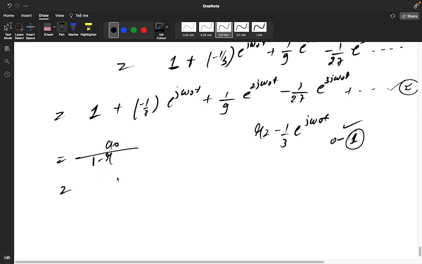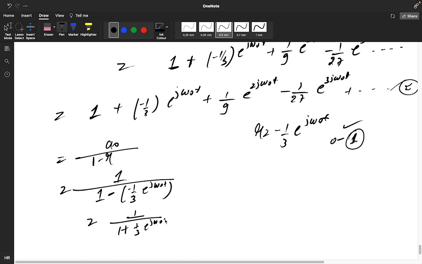So what is your a naught? 1. And 1 minus r is 1 plus 1 by 3 e power j omega naught t. So what you will get? 1 divided by 1 plus 1 by 3 e power j omega naught t.